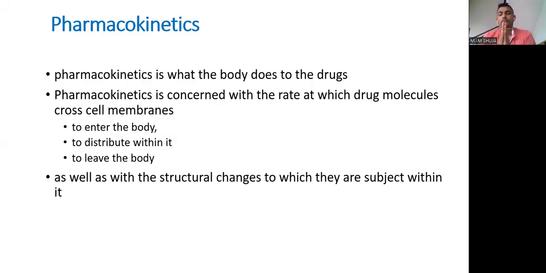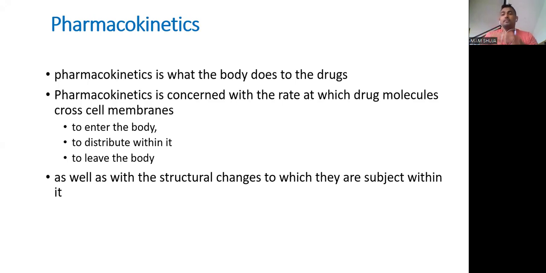And it is absorbed in the gut lumen and it goes to the liver first via the portal system. And from the liver, it goes to the heart via the inferior vena cava. And from the heart, it will go to your systemic circulation. Via systemic circulation, the molecules or the drug component reach the site of action.